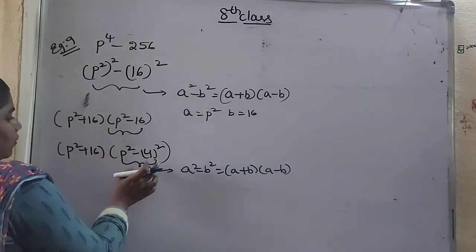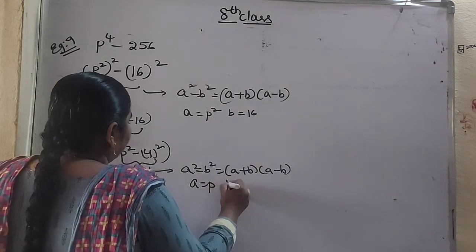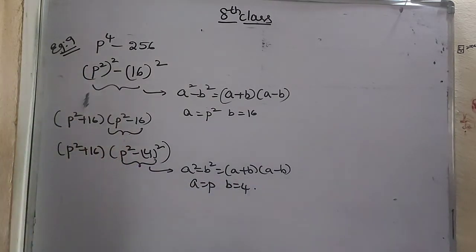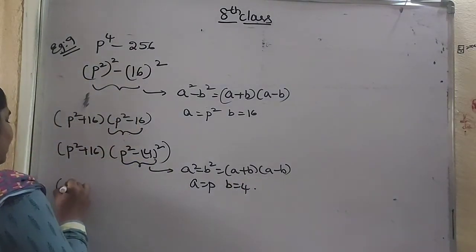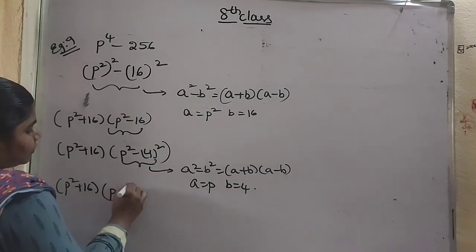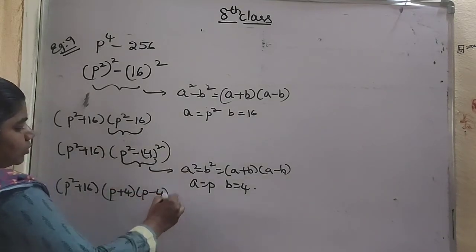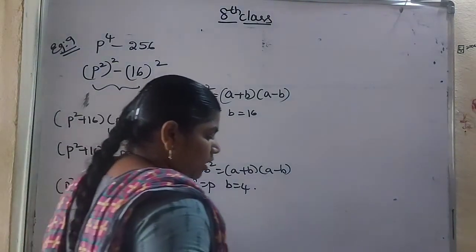If you compare, the a value will be p and the b value will be 4. So now expand to this form: p square plus 16 as it is, next p plus 4 is one factor, and the other factor is p minus 4. So these are the factors of the given example, example number 9.